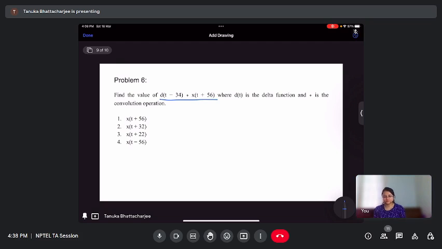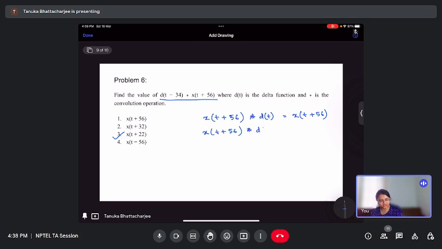Yes, that's the correct answer. So let me just do it for others. Our signal is x of t plus 56. If we just convolve it with the delta function, we get our signal back. Now what we are doing is a time shift in the delta.